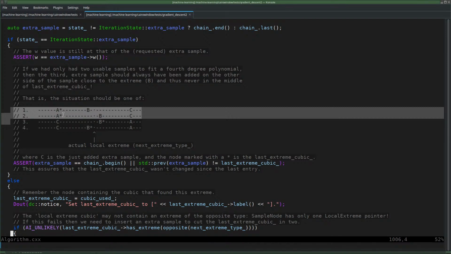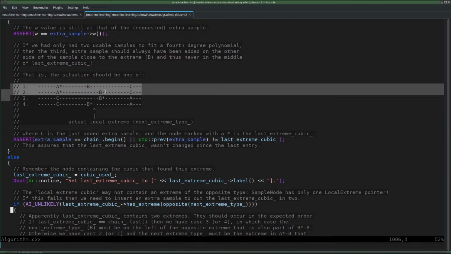The star means the last extreme cubic. And B is the one that is close to the new extreme. That is the extreme that we found, and B is close to it. And yep, A is far away on the left. So this is 0.2, this is 0.3. We don't know yet if it is minuscule to the left or the right, or maybe exactly on top of it. So it's either 1 or 2.